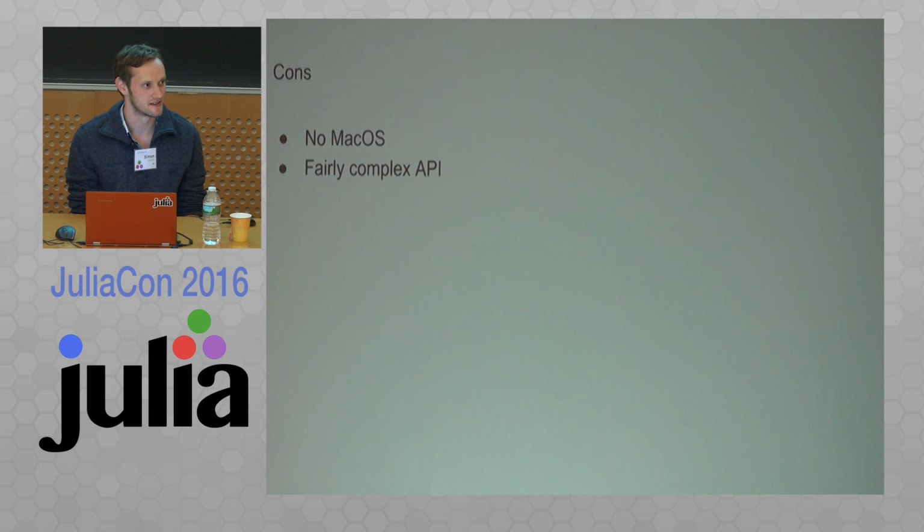Yes? Do you have a concept of how the performance differs between OpenGL and Vulkan? So I think in most cases, OpenGL will be fairly similar. But if you have a lot of draw calls in OpenGL, you have a lot more ways to batch them in Vulkan and execute them completely on the GPU. And it's a lot easier to parallelize, so that can make things a lot faster.